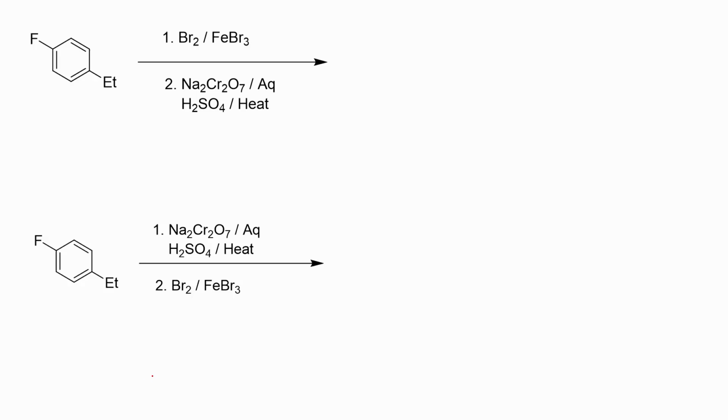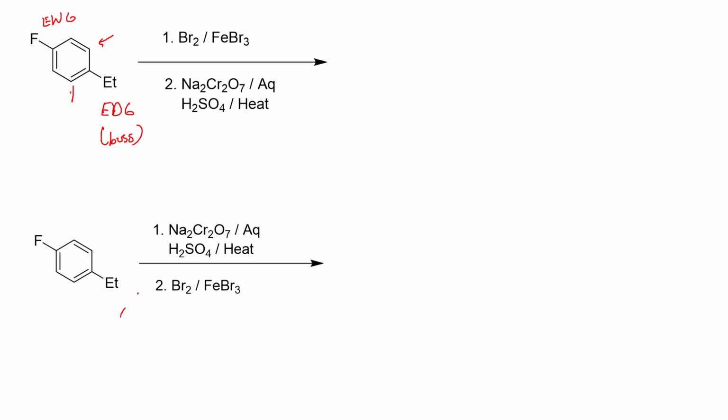Okay, and the final two, this just shows the effect of ordering of reactions. Okay, so we have two steps in this one. Okay, so let's look at what we have here. In the first step, this is an electron donating group. This is an electron withdrawing group. So we're going to want to put our first reagent here, bromine, ortho or para to here.